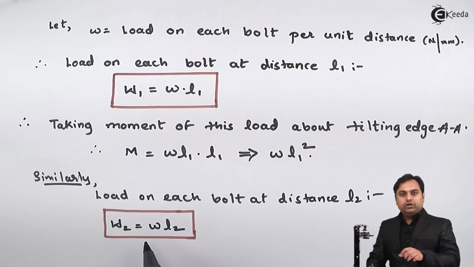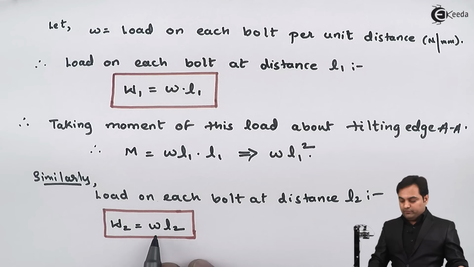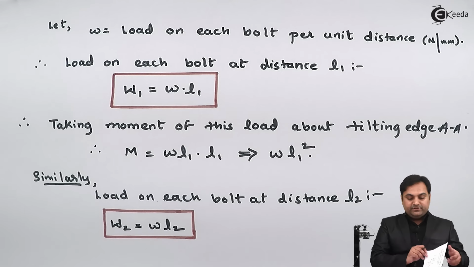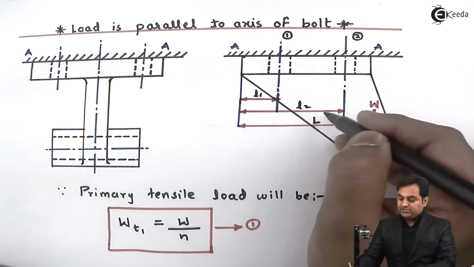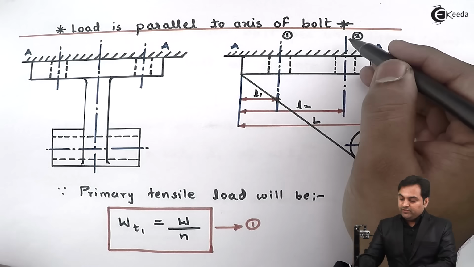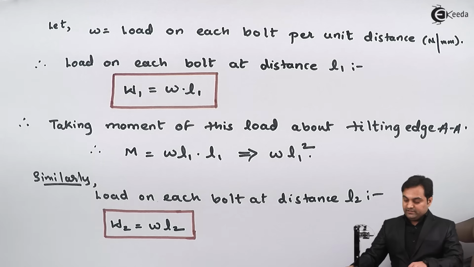If we want the load on bolts which are at distance L2, so we have to multiply w by L2, as I can explain it with the diagram here. If I want how much is the load on distance L2 on each bolt, that will be small w multiplied by this distance.